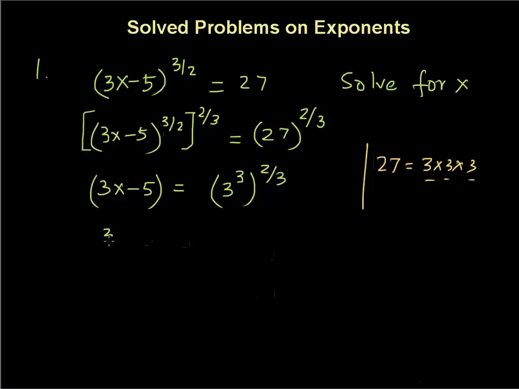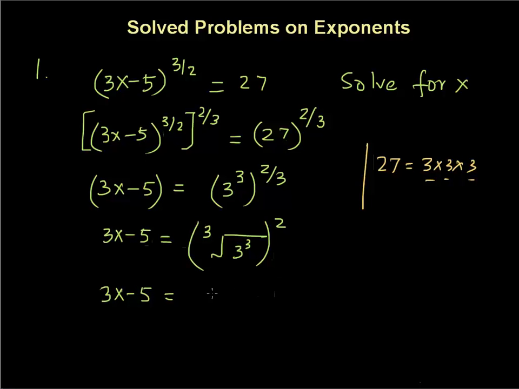Now again I can get 3x minus 5 equal to, so let's write down in proper format now. This is the cube root of 3 to the power 3, and then I have a square here. Further you solve it, so again 3x minus 5 on the left hand side.